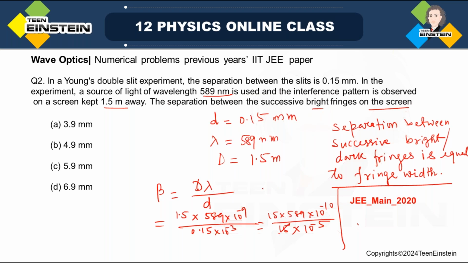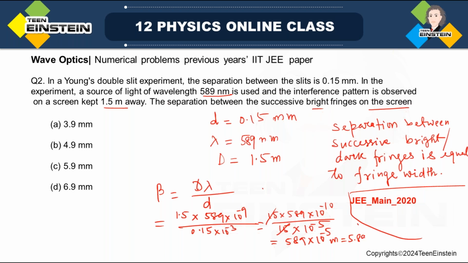So 15, 15, I can strike them out and see what I get here: 589 into 10 to the power minus 5 meter. If I convert this into millimeter, it will be 5.89 into 10 to the power minus 3, right?